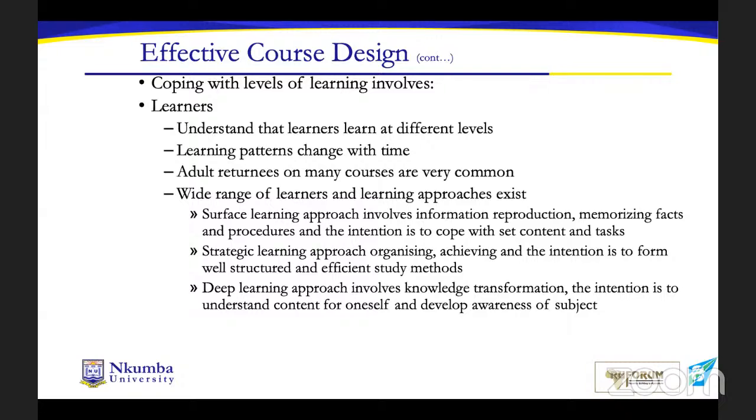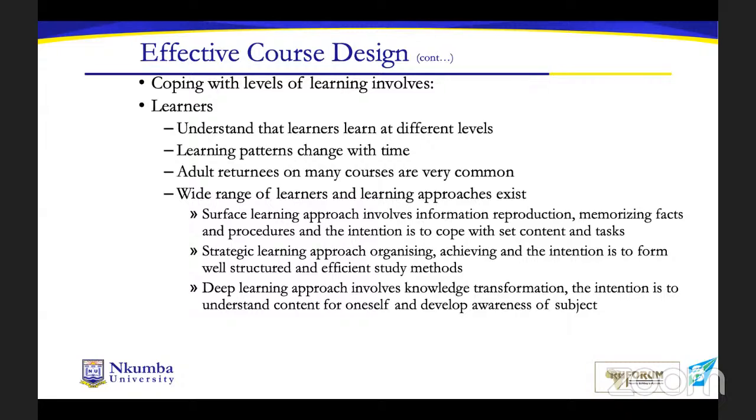And to the teacher, the intention is to get these people to understand the content by themselves. The teachers here become more of advisors. In strategic, they are more there to facilitate. In surface, they are there more to transmit. They simply give you.